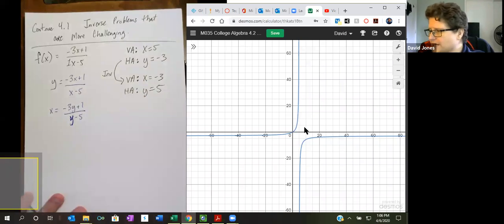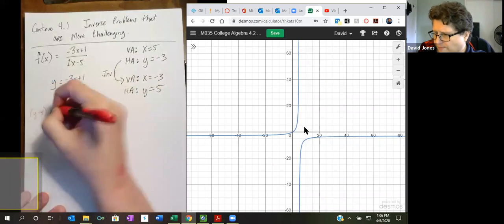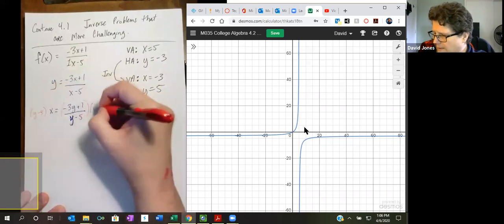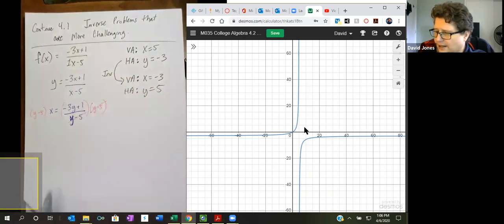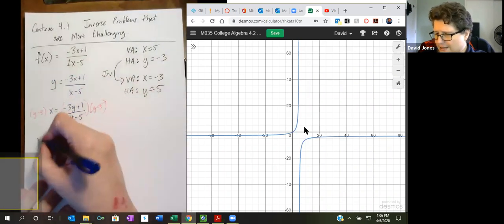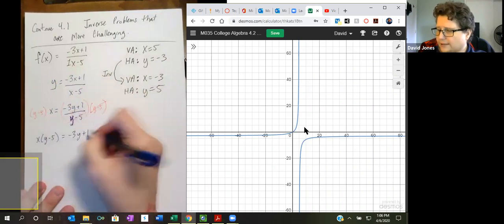Now we'll clear the denominator, multiply both sides by y minus 5, and that'll cancel out over here. On the left, we have x times y minus 5 equals negative 3y plus 1.